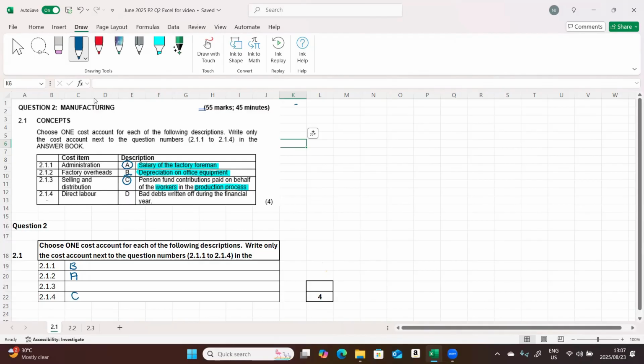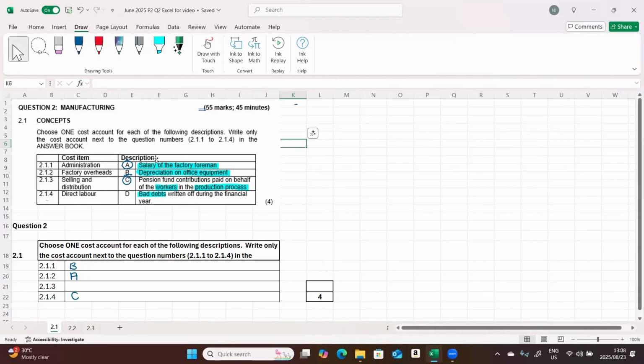And then lastly, we have to have a look at number D. Now, let's highlight the important bits of number D. They say bad debts. Already, guys, these first two words already tell you, and obviously by method of elimination, we know that number D has to go to 2.1.3, and that is selling and distribution costs.